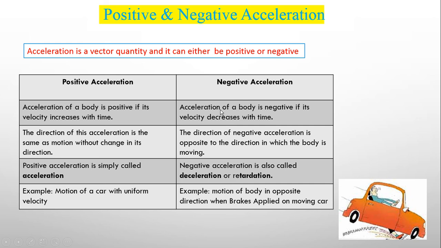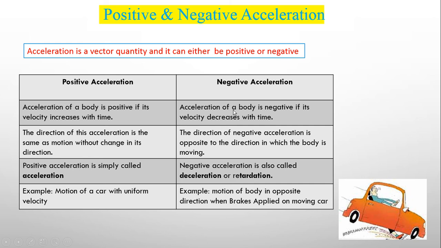As a daily life example, when you apply the brakes on a car, your velocity goes on decreasing, so in that case acceleration will be negative. The direction of positive acceleration is the same as the direction of motion, without change in its direction. So for positive acceleration, your velocity must be increasing and acceleration has the same direction as the motion.